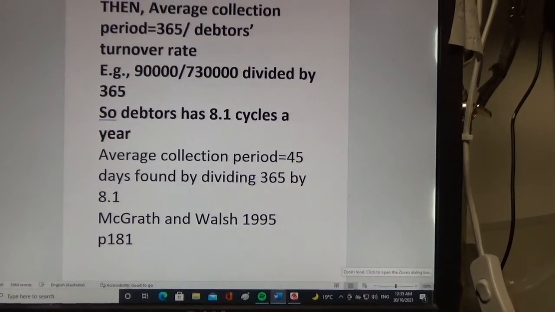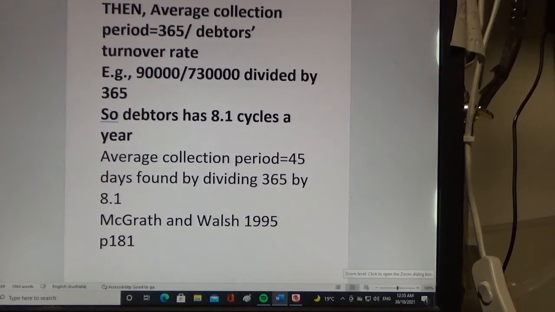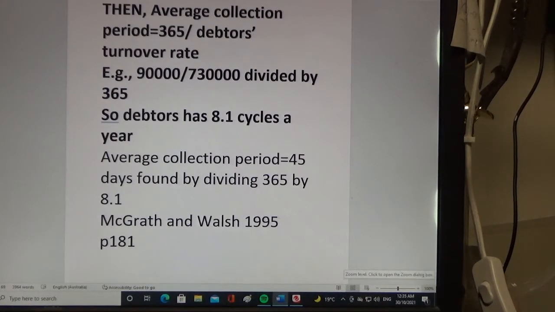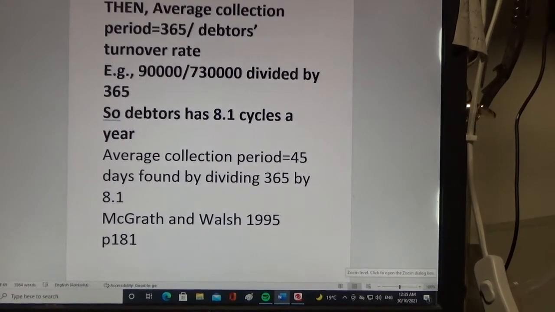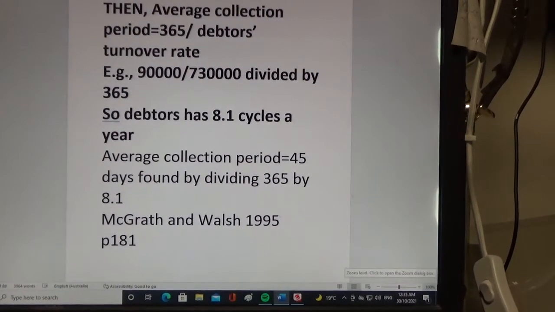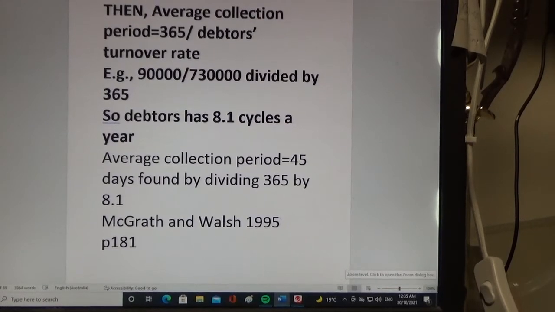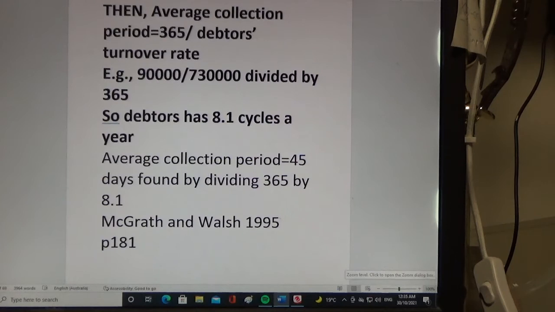Under a bit of pressure here. Analysis 367. I like being under pressure. It shows my mettle. It's debtors turnover. Here it is.